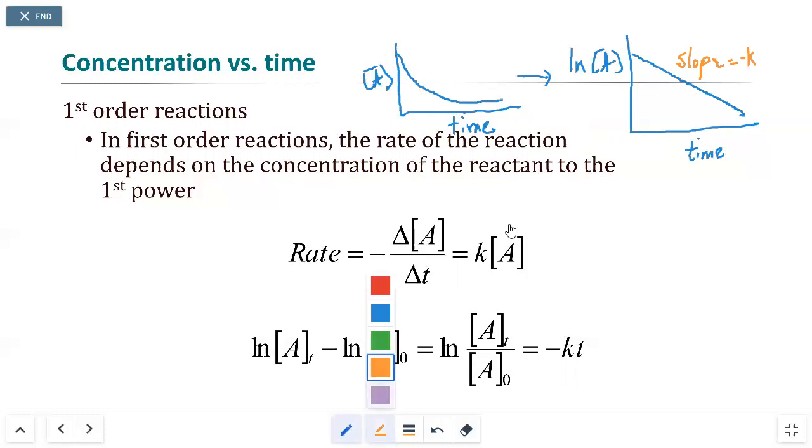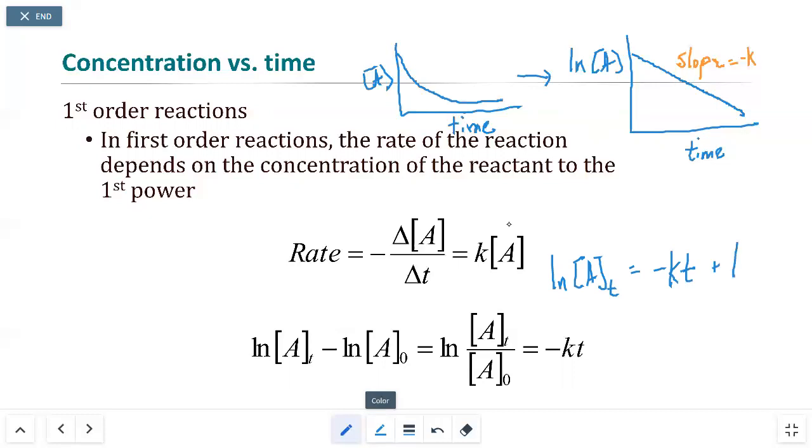So I'm going to rewrite this bottom equation in slope intercept form. And it's going to be the natural log of the concentration of A at any given time t is equal to negative k times the time plus the natural log of A at time 0.